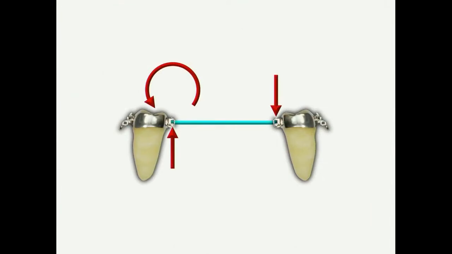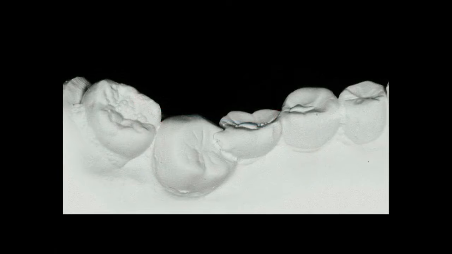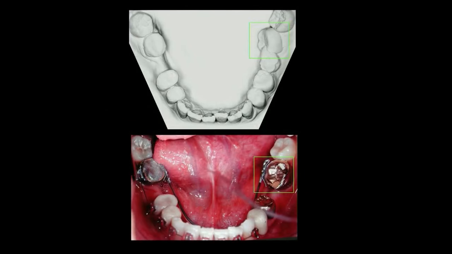Let's consider another method in correction of unilateral crossbite. Asymmetric application of active lingual arch is used to produce a couple on one side only. This patient shows unilateral crossbite caused by lingual inclination of the lower molar on the left side. Unilateral expansion was produced by asymmetric application of lingual arch.